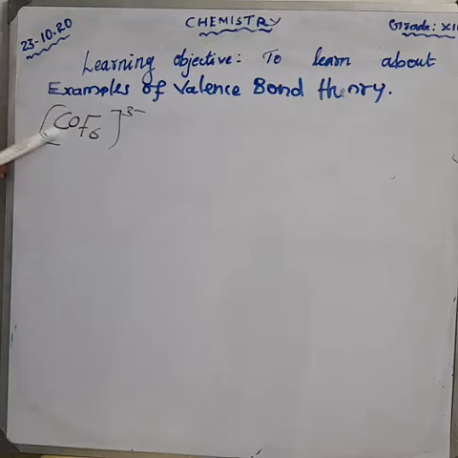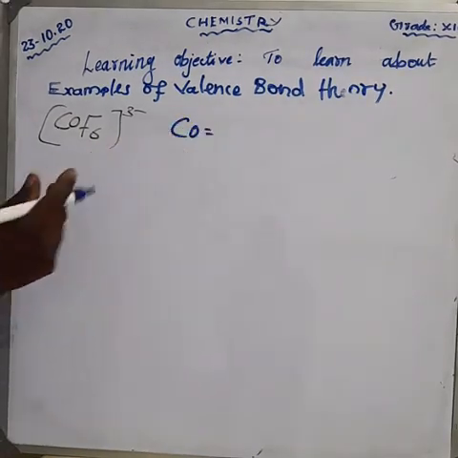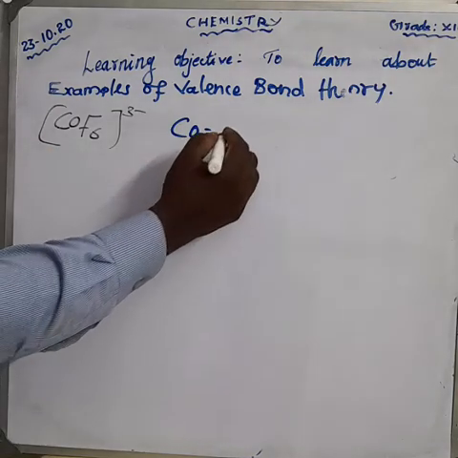Which one is the central metal atom? Cobalt. Cobalt is the central metal.